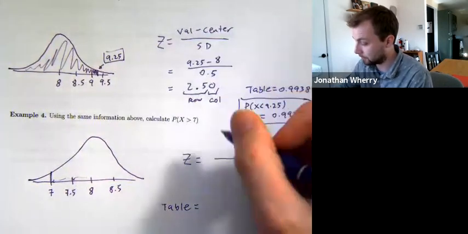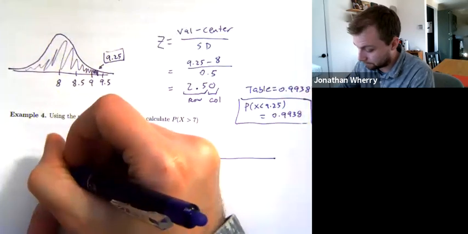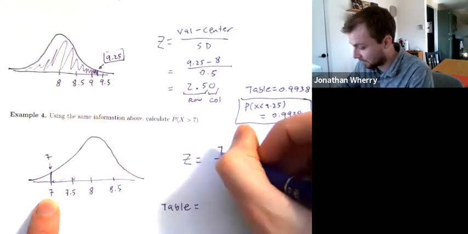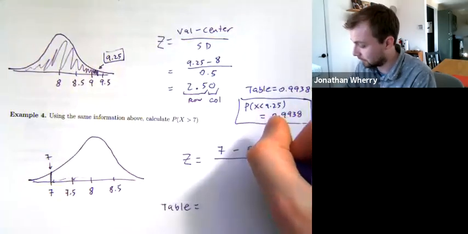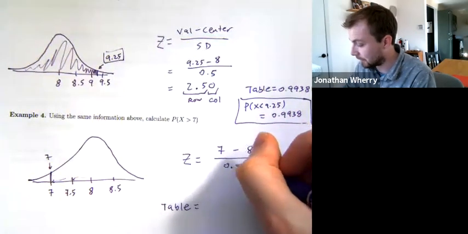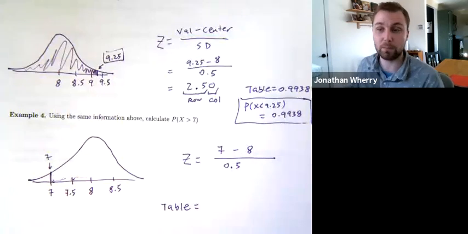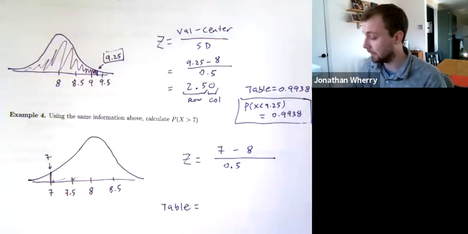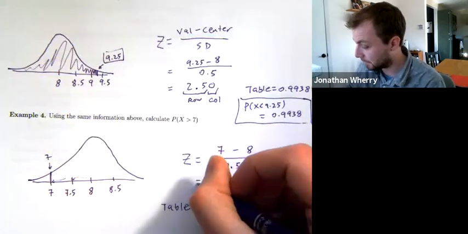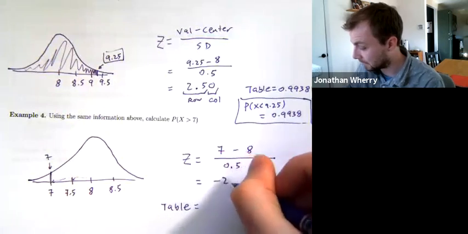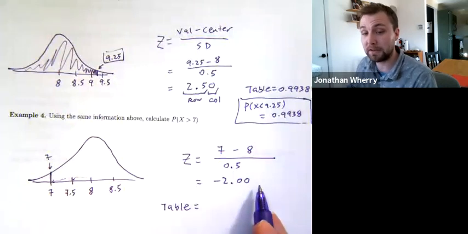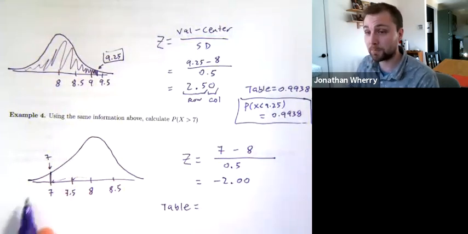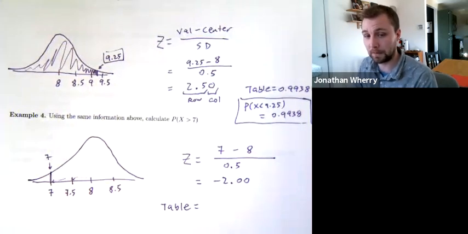My value is 7, minus the center, my center is still 8, divided by my standard deviation, I'm still counting by 0.5. I type this into a calculator, and I get a z-score of negative 2.00. I'm still writing it with 2 decimal places, but look, 2 tick marks down, just like I thought.